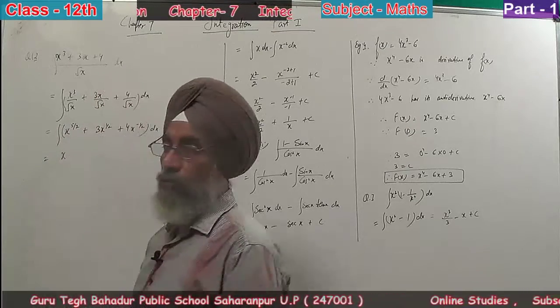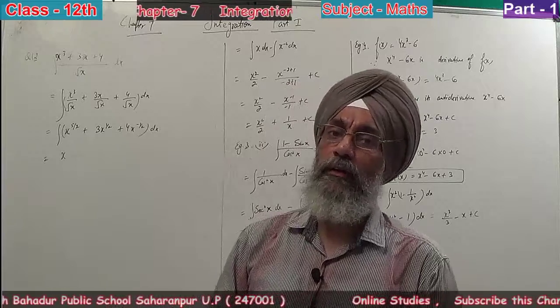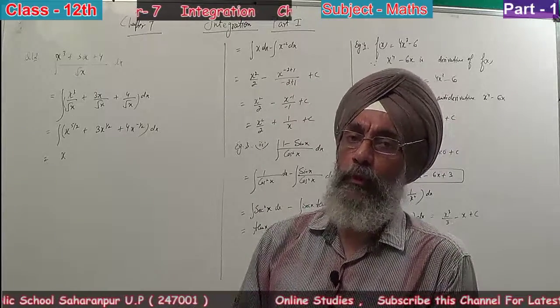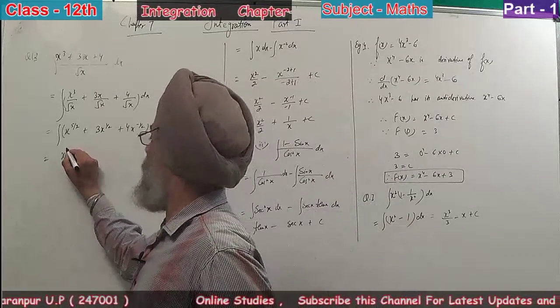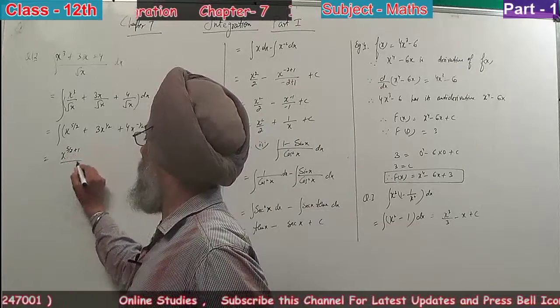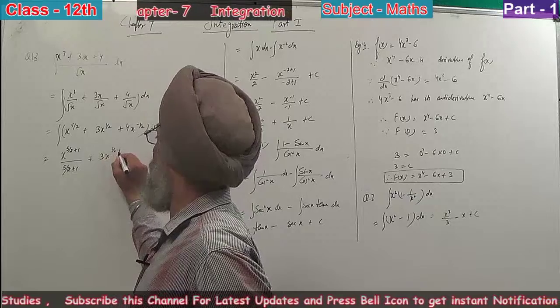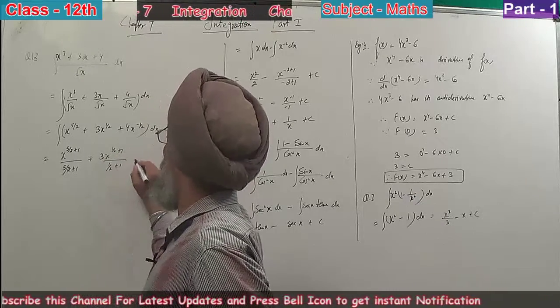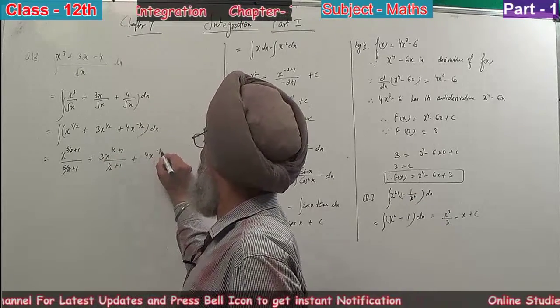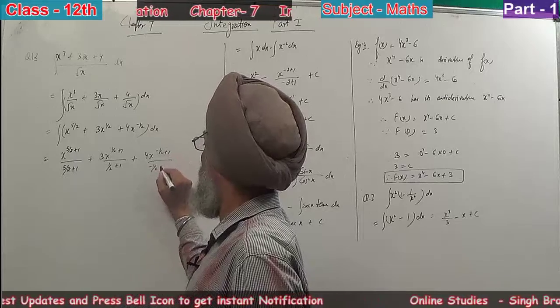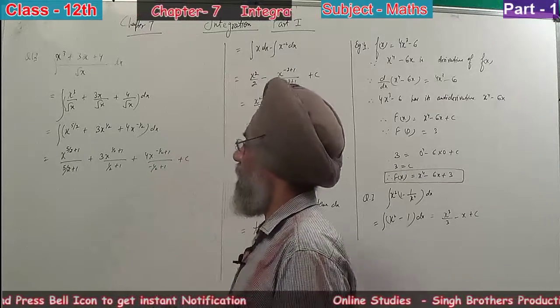It becomes x to the power n, and integration for x to the power n is x to the power n plus 1 upon n plus 1. So 5/2 plus 1, 3x to the power half plus 1, half plus 1, 4 minus half plus 1, plus constant of integration.